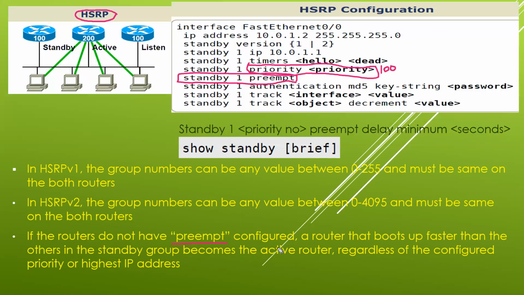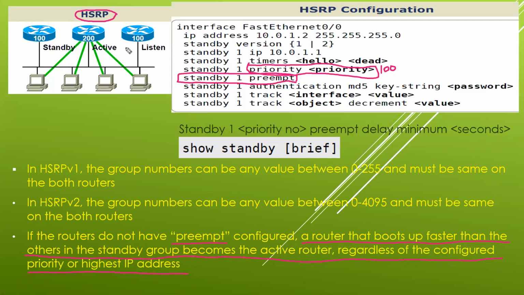If the router does not have preempt configured, a router that boots up faster than the others in the standby group becomes the active router, regardless of the configured priority or the highest IP address.